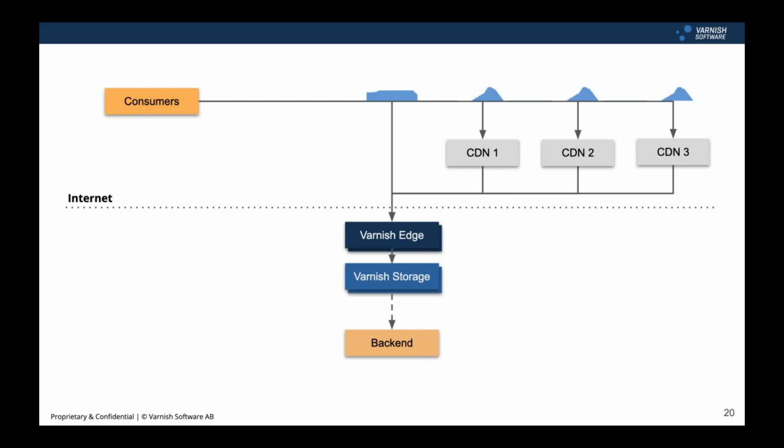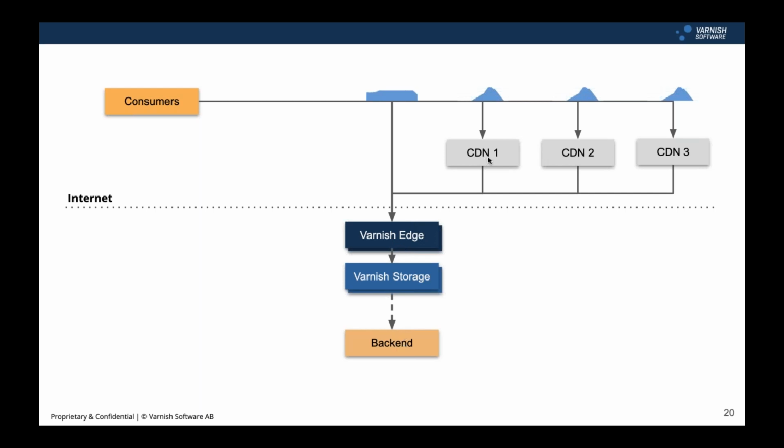While if you do introduce Varnish in the picture, you still have the same traffic, which may be redistributed over now 4 different CDNs instead of 3. And if you notice, introducing Varnish in the picture, you will reduce the number of backend requests you're going to have.